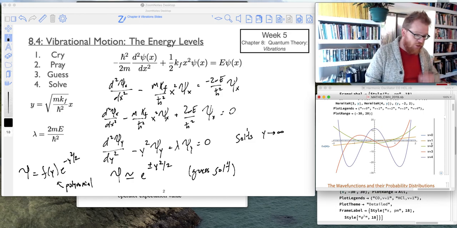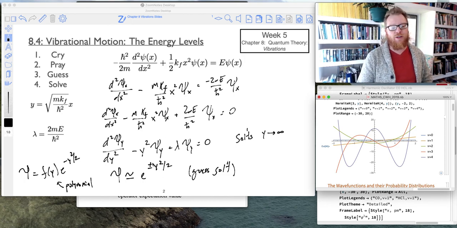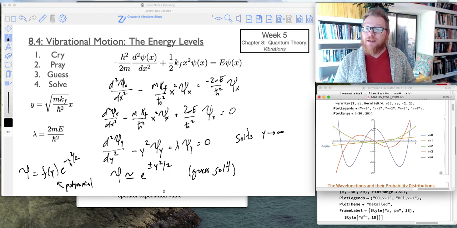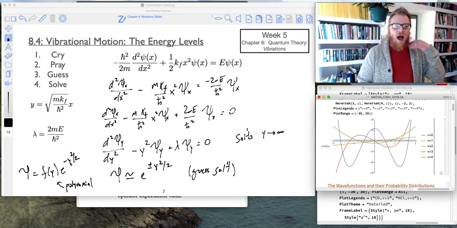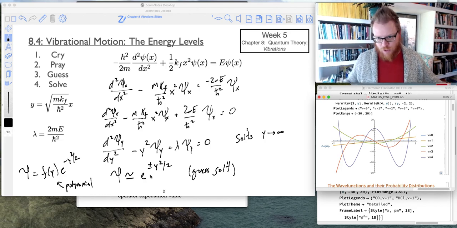All right, so this is going to become our guess solution. Psi equals f of y e to the negative y squared over 2. And the standard procedure is to ignore the plus solution because this e to the minus y squared, as we shall see, describes a Gaussian distribution, which is also going to help us get a physically meaningful solution. Okay, so this is kind of the point in the class where we couldn't do this. We would have to really grind away trying to guess at a solution for a long, long time.